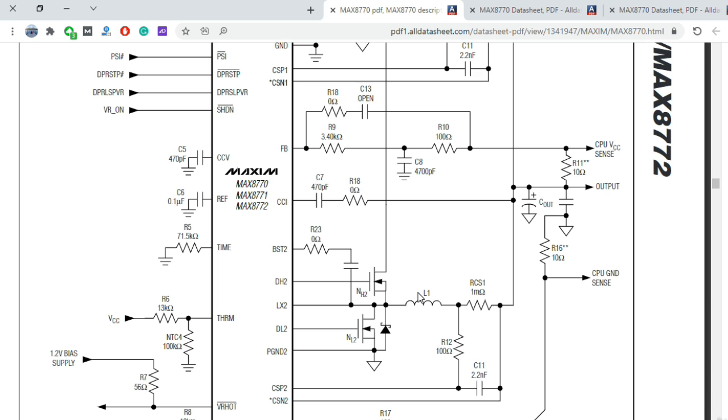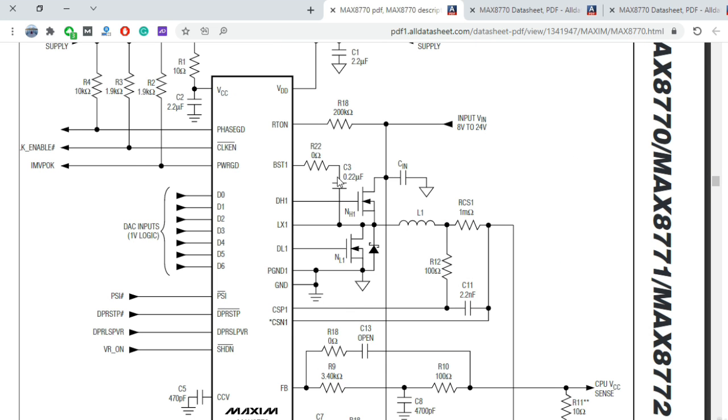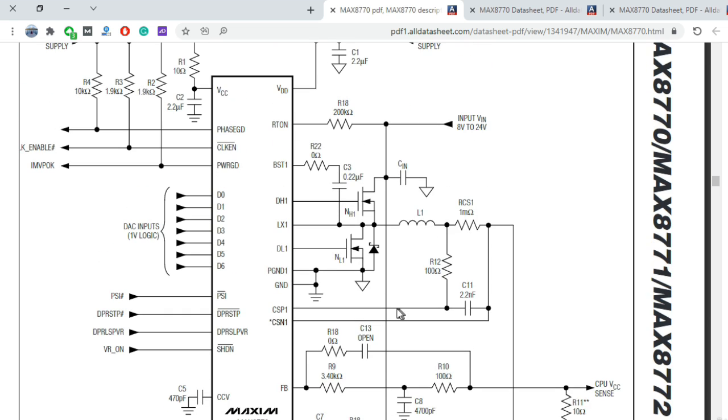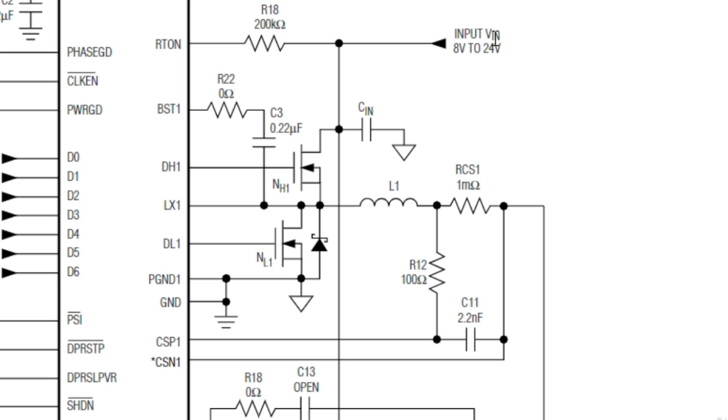For this CPU, it contains 2 MOSFETs as high MOSFETs and the other 2 MOSFETs as low MOSFETs, as you see here. This is low MOSFETs. Here we have the V in, the input V in from 8 volt to 24 volt. Let's assume that the V in is 19 volt.